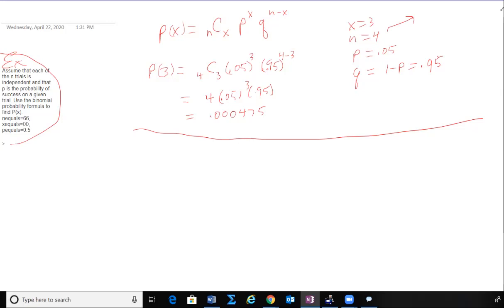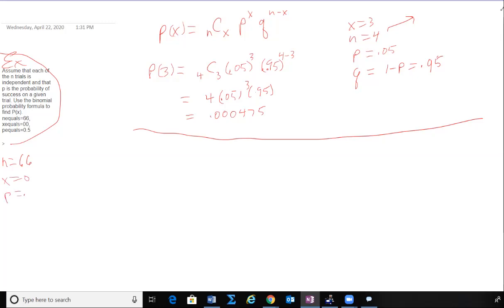So here we have n is 66 trials, and the probability that x equals 0, and 0 successes, and the probability of a success is 0.5.